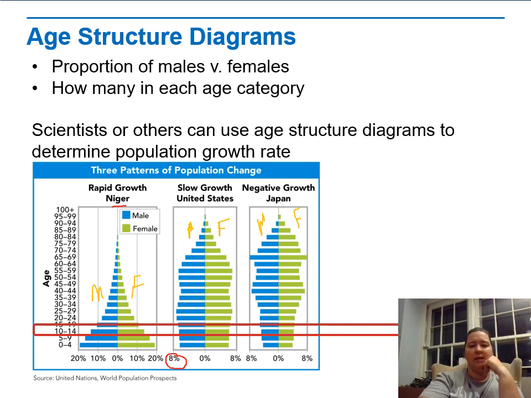These 10 to 14-year-olds are about the same as the people who are having kids now, let's say the 20 to 29-year-olds in this range. There's about the same amount of the population, so we're not really going to have an influx of new births. Compare that to Japan here, where the 10 to 14-year-olds are actually fewer than the older generations. You can see this is actually negative growth, so the Japanese population is in a state of decline.